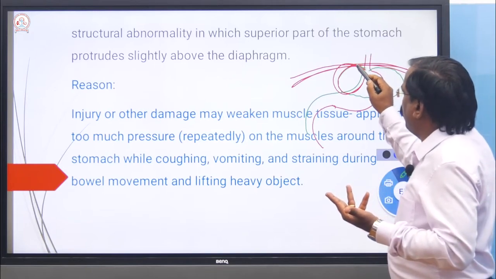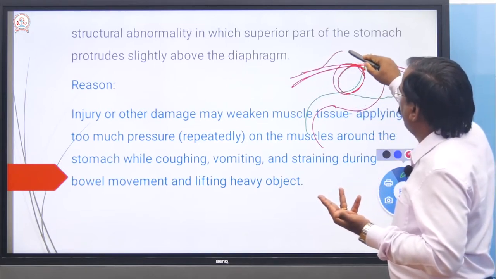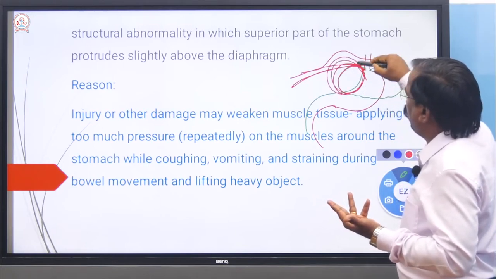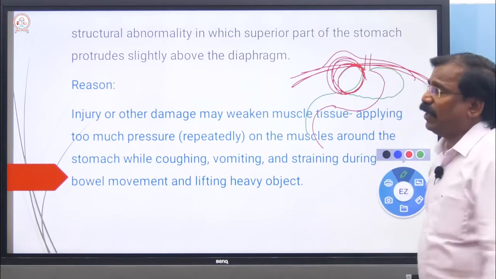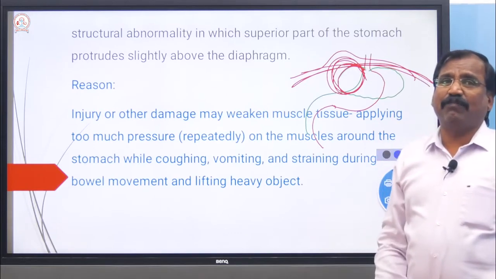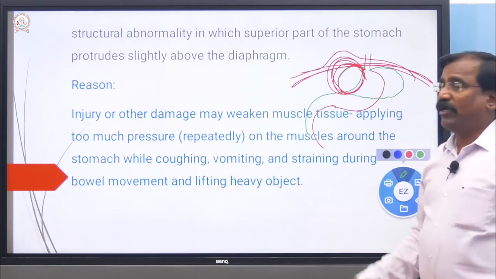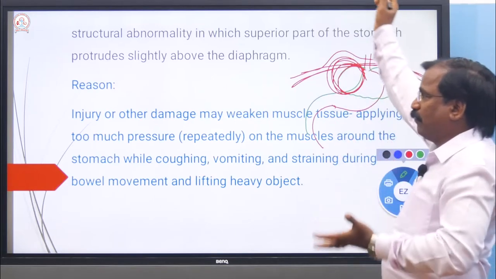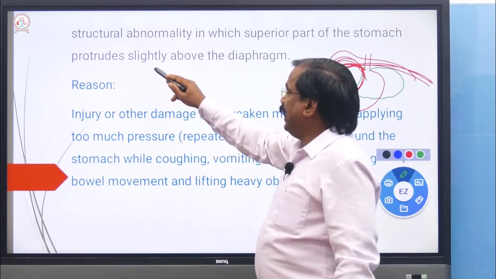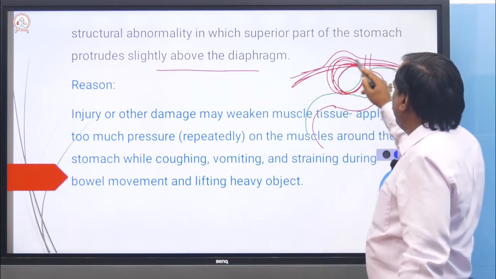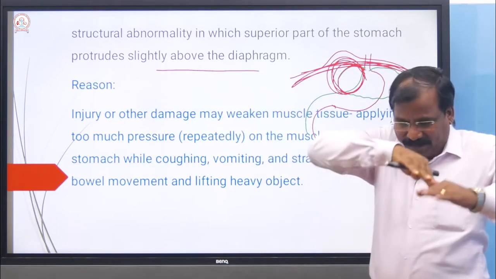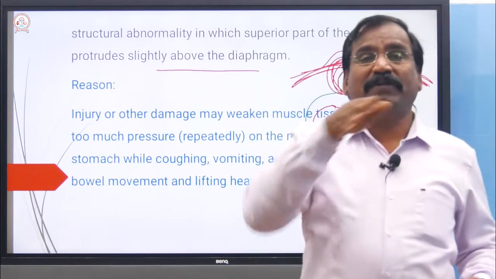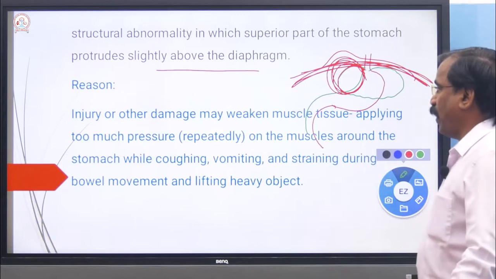In this region the stomach occupies, because it is a structural abnormality of the upper side of the stomach, it protrudes. Slightly above the diaphragm, it is a muscle wall, you know, that muscle wall that separates the thoracic cavity and abdomen, that is the diaphragm.